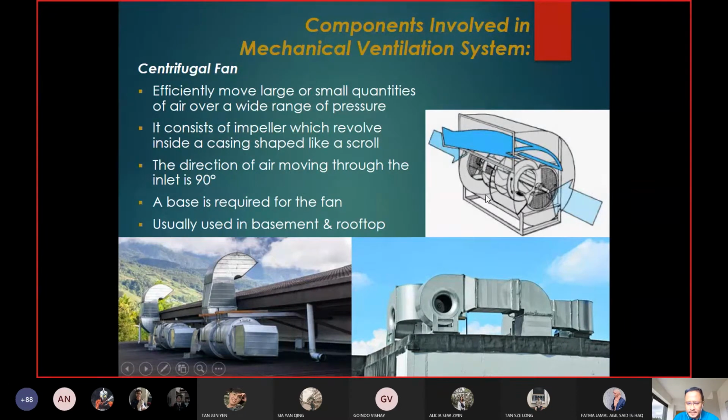So basically the rotation of the fan determines whether it's supply or exhaust. If it is exhaust, the air inside the room gets into this part here and is taken out from this side. So I believe this is how it works. This one I'm not really sure whether it's supply or exhaust.